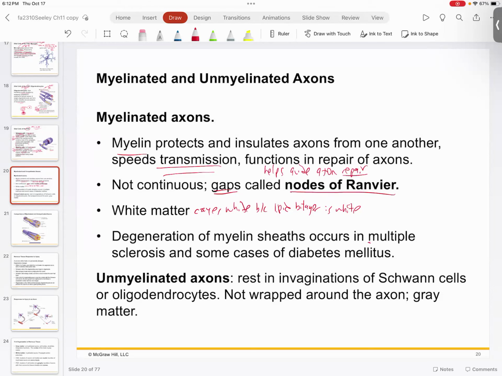So, for instance, multiple sclerosis is myelin deterioration. And in some cases of diabetes, you can also get myelin deterioration, which can create discoordinated either muscular control or communication between neurons.